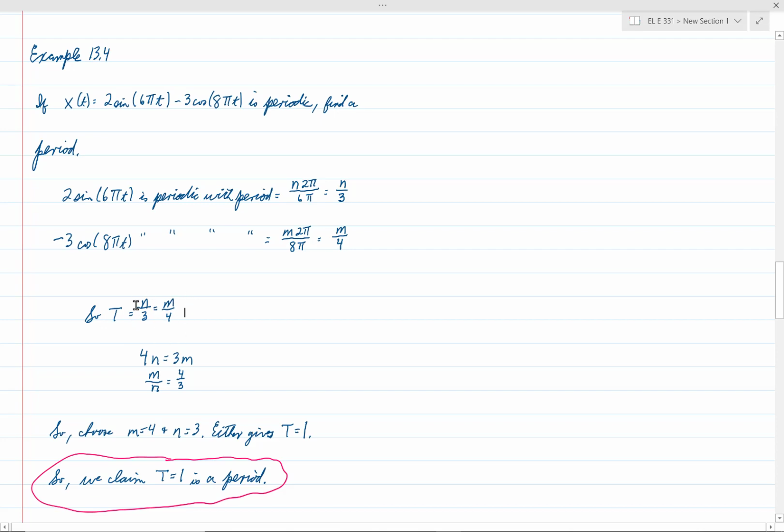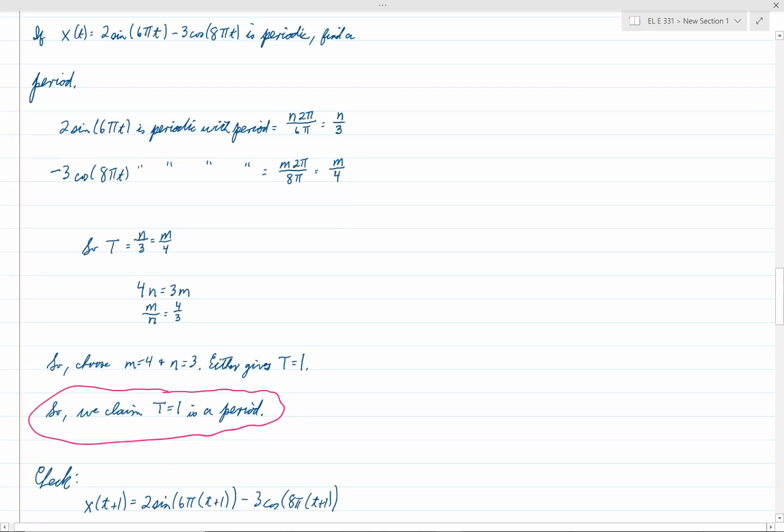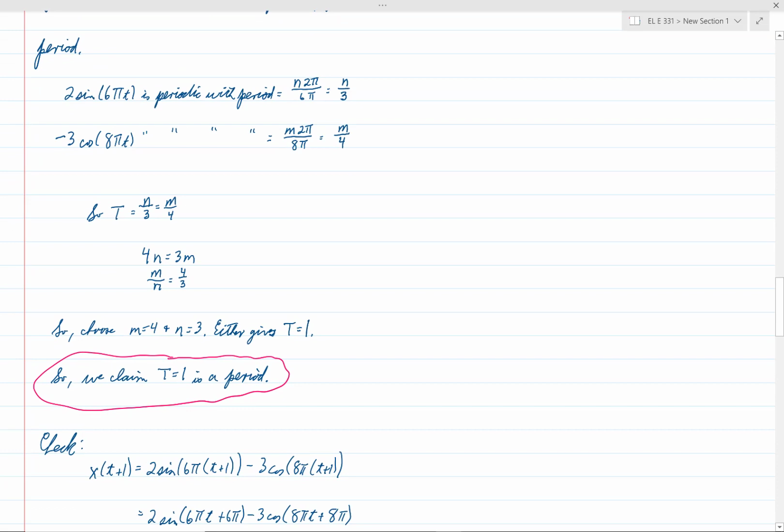Now let's just look at this part of the equation for a moment. So we have n over 3 equals m over 4. If you cross multiply, you get 4n is equal to 3m, which says that m over n is equal to 4/3. Now obviously there are an infinite number of combinations of m and n that would satisfy that, but let's just pick the easy one, which is m equals 4 and n equals 3.